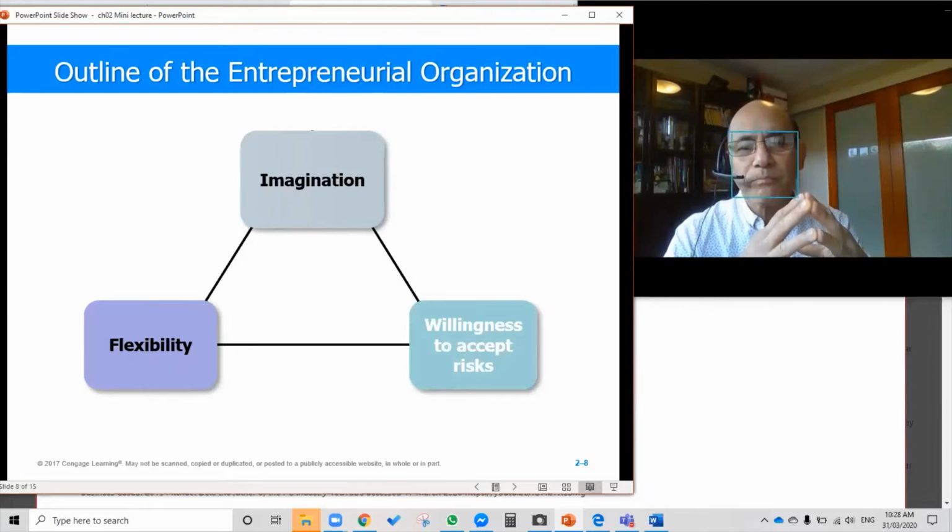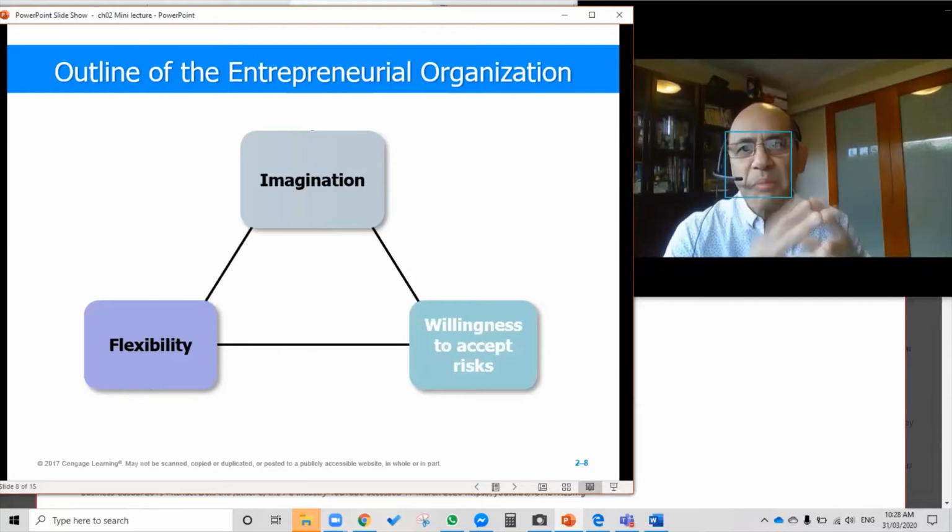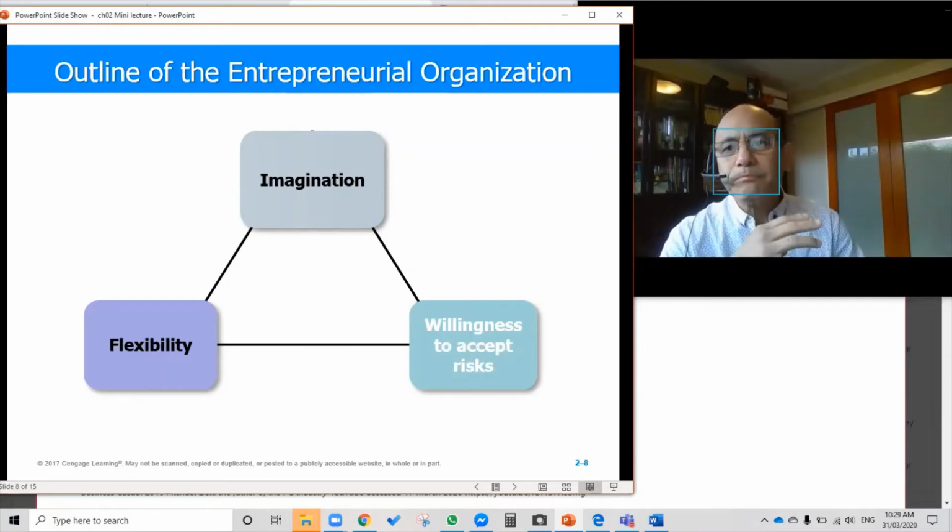If an idea is, for example, most cars are driven by petrol or fuel, then can you come up with a car that's not driven by petrol, but is driven by something else, like, for example, the sun or by electricity? So that's what we mean by being flexible, thinking out of the box.